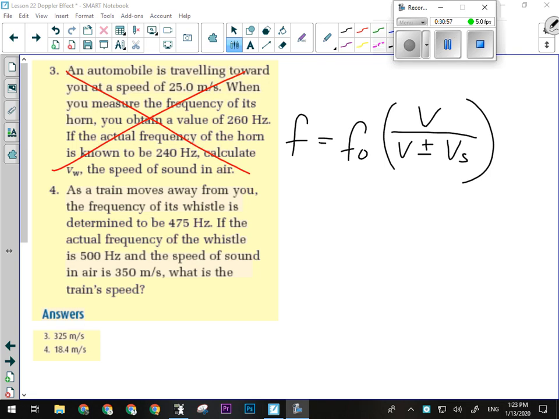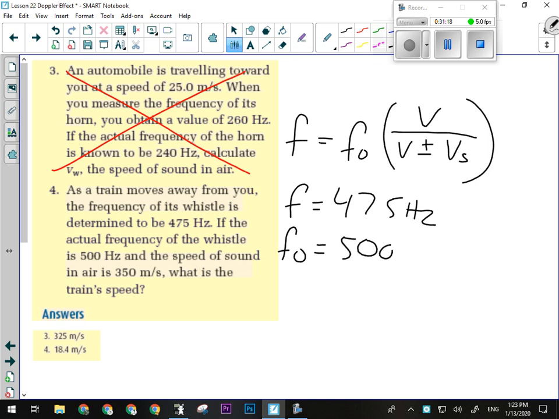So on number 4, the train is moving away from us. So am I adding or subtracting? Adding. The frequency of its whistle is determined to be 475 hertz. That's the perceived frequency. The actual frequency of the whistle is 500 hertz.